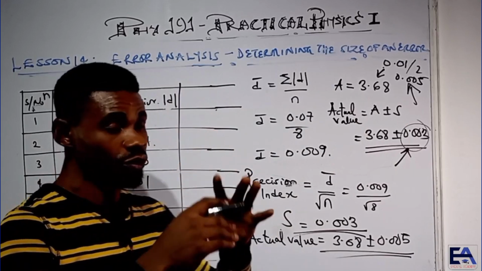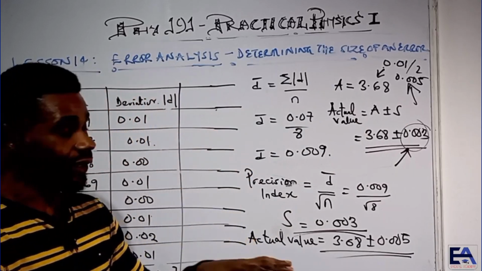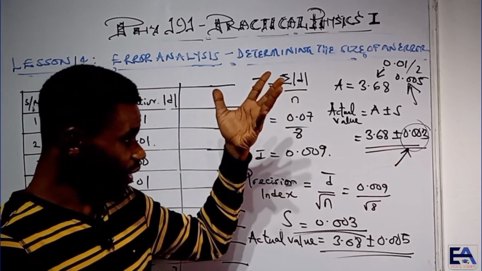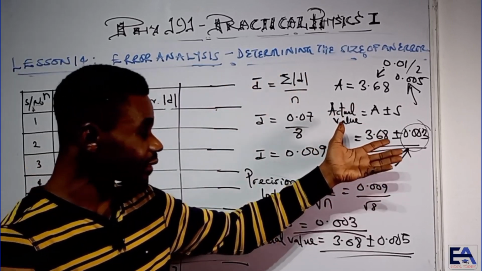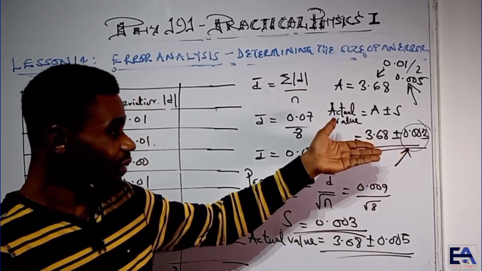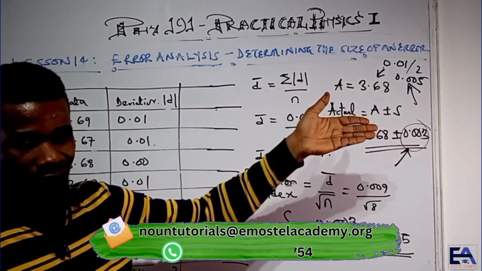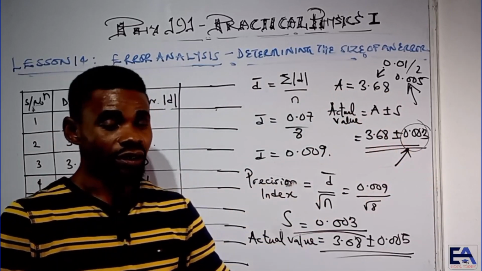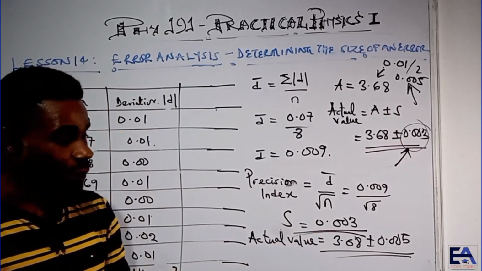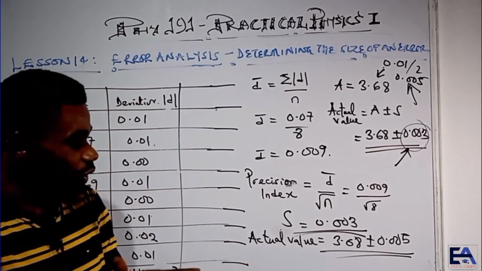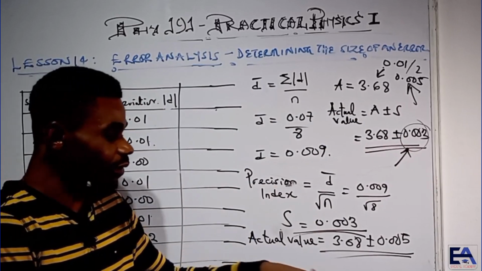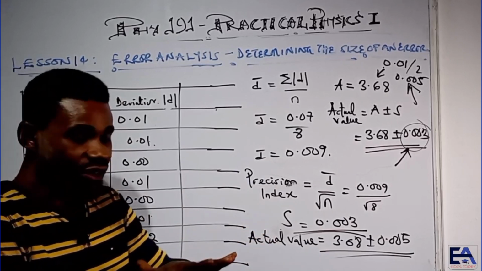Ideally, if you get a value for the precision index of something like 0.006 or 0.007, that is when I will say I want to use the precision index.